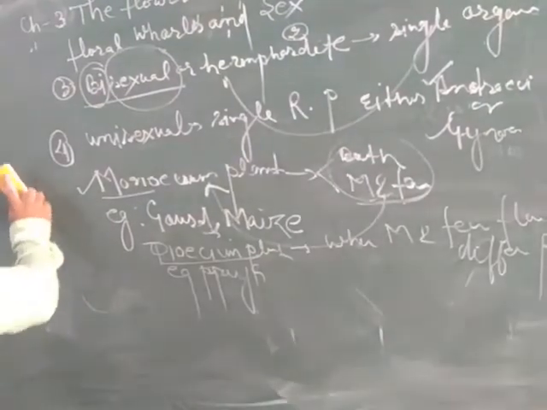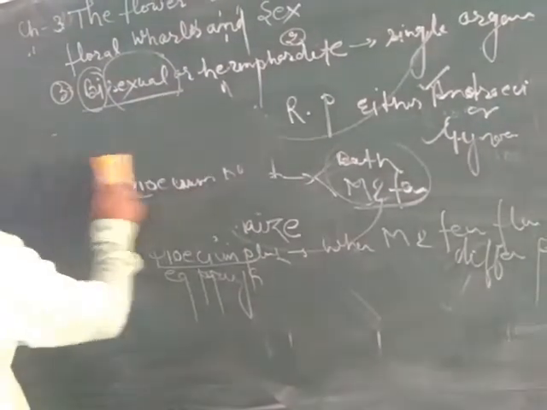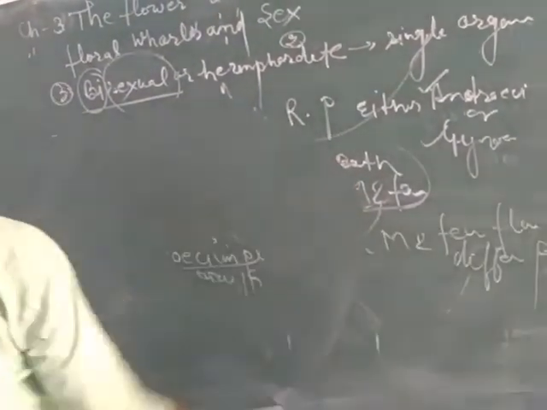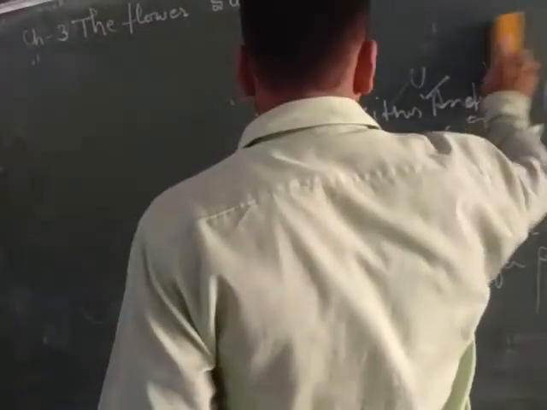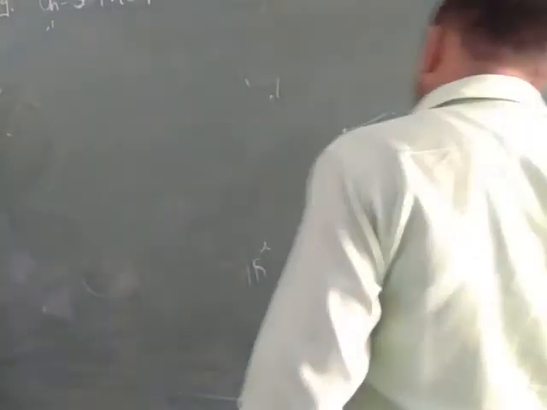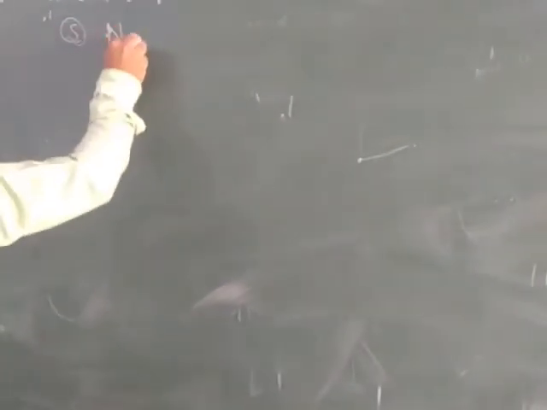Now we will discuss the next point, the naked condition. The next condition about floral whorls is the naked condition, and the term naked explains itself. What is the naked condition of a flower?